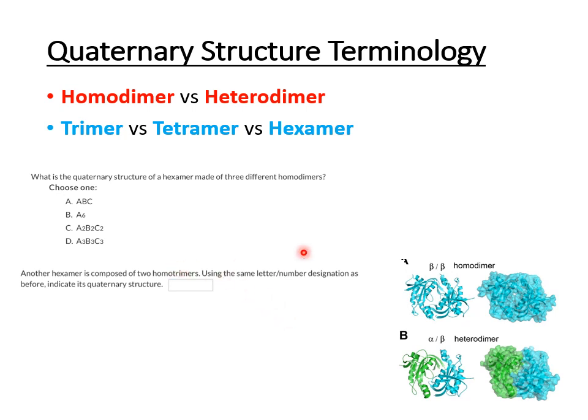And so again, an example of a homotrimer would be A subscript 3. The moment that you then have a second homotrimer, then you have B subscript 3. Heterodimers would be, for instance, A, B. You have two different letters, two different subunits.